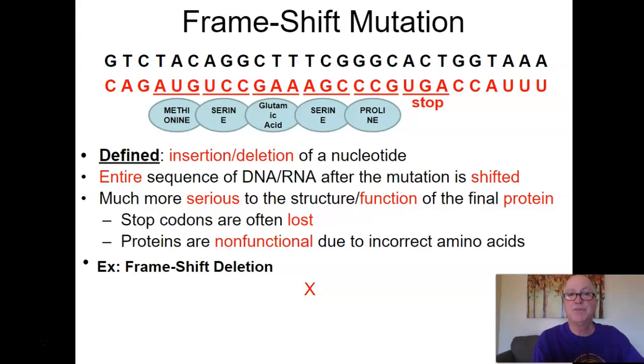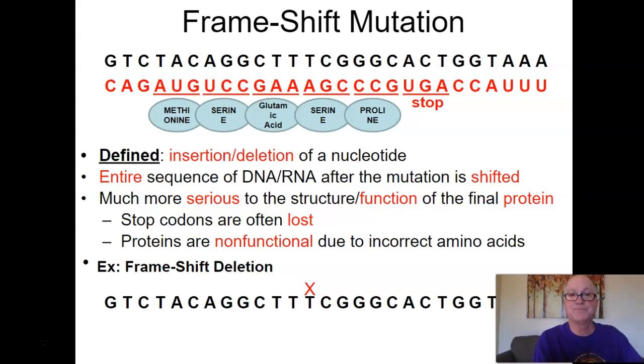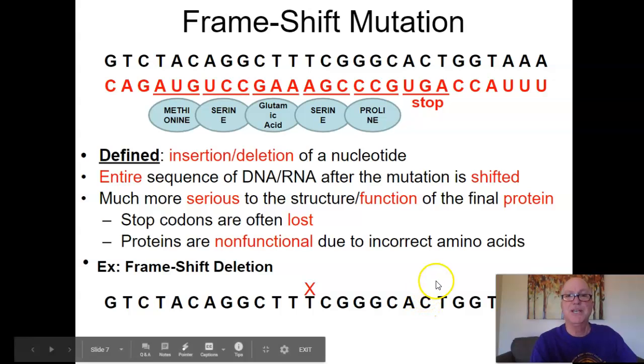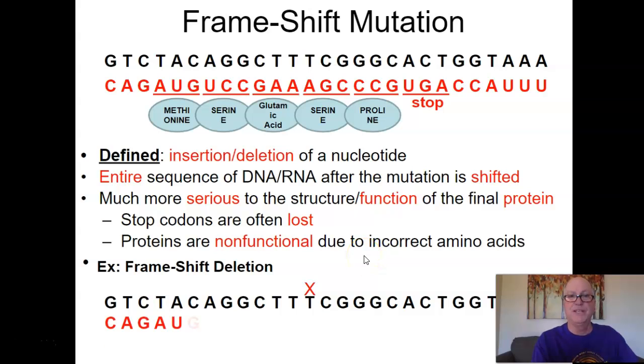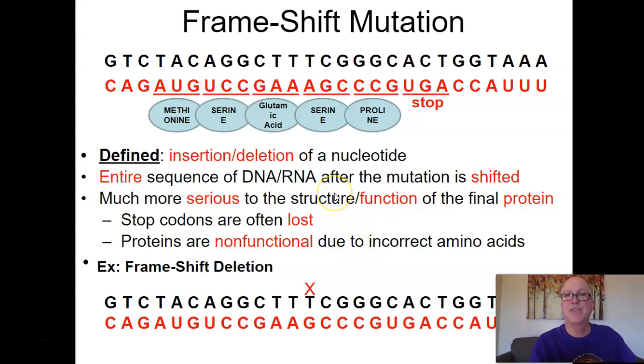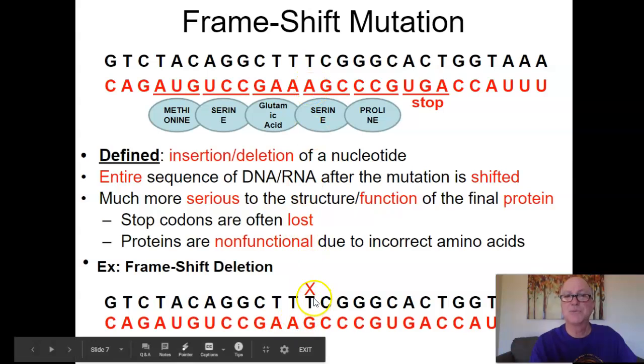One of the things that can happen for a frame shift is a deletion. So let's imagine, I've just copied the gene from above here. This thymine here, let's just say it gets deleted. And if it did, the cell will produce a messenger RNA that used to have 3 A's in a row, but now it's only got 2 because we deleted that.